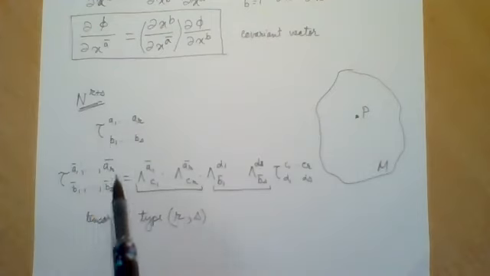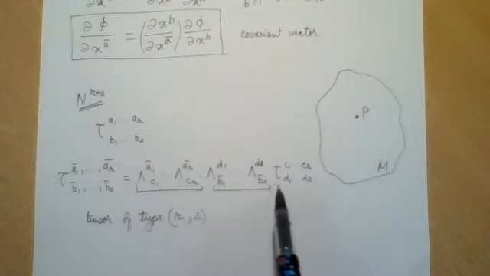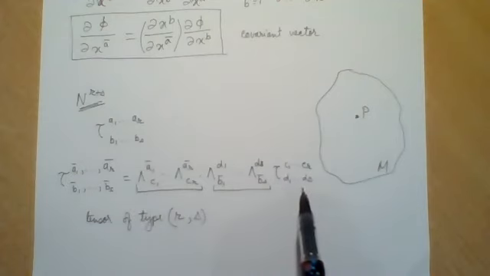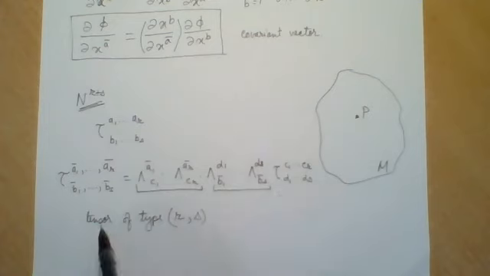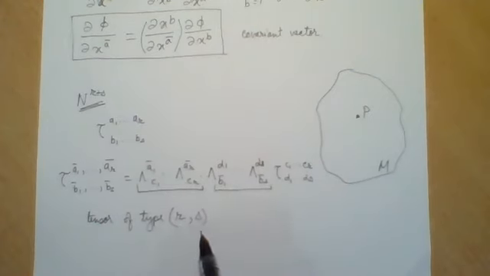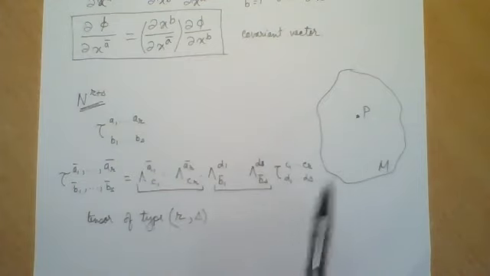If the components transform according to this rule, these are the components of a tensor of type r, s. In four dimensions the values of r and s can go up to 4 but not beyond 4.